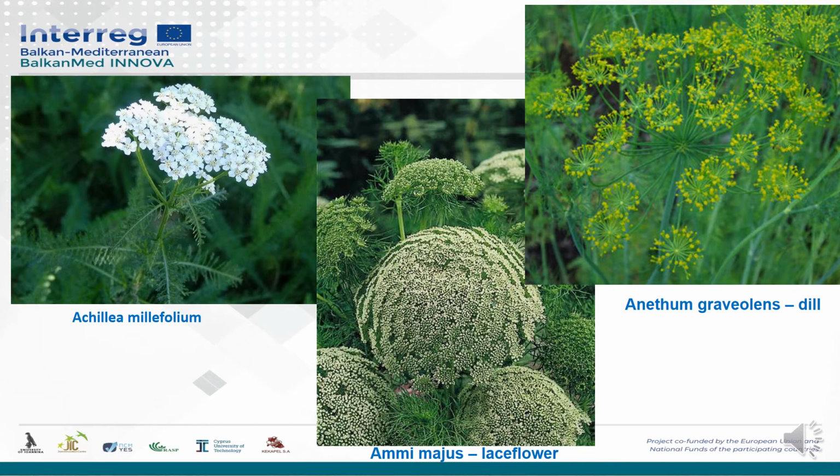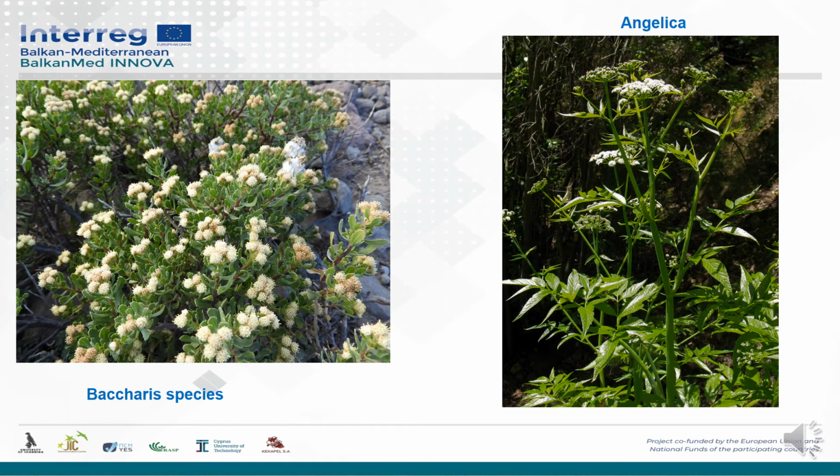The other plant, Anethum graveolens, has a nice smell and we use it in the kitchen and for other uses. Here you have another photo of two other plants or weeds that we can find in different fields that we have to understand have a very positive role for our fields, our cultivations or crops.